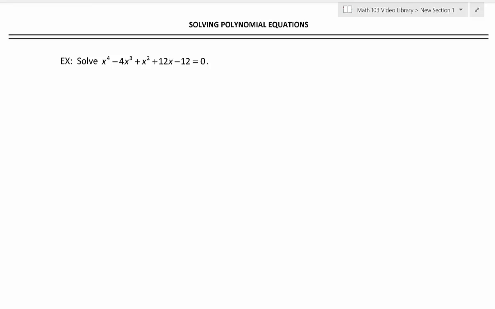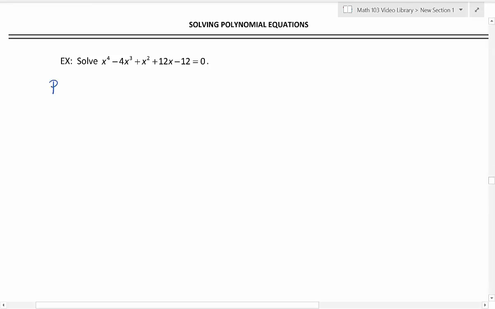To find the zeros of a polynomial, we want to get it in factored form and then set each of those factors equal to 0. We want to list out possible rational zeros so we can start testing numbers that would make sense.